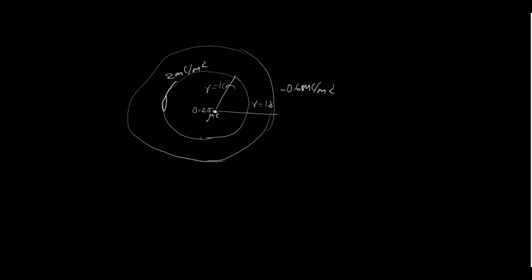So according to Gauss's law, the flux passing through will be equal to the charge enclosed. So D we have to find. So D dot dS is equal to Q enclosed.